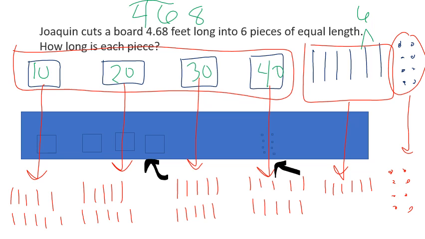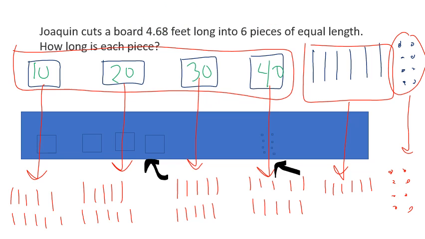When I break it into tenths, I get 46 tenths and 8 hundredths. And I'm thinking if I broke it down even further, I would get 468 little tiny hundredths. I'm not sure if we'll need to do that yet, but that does play into how we're going to divide. So back to what I was saying with the number dividing into 6.